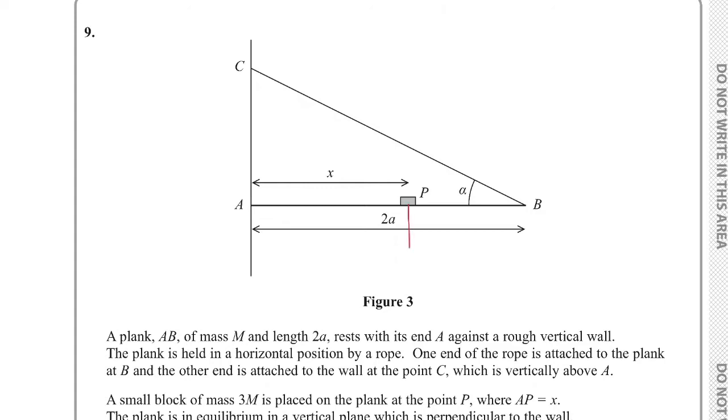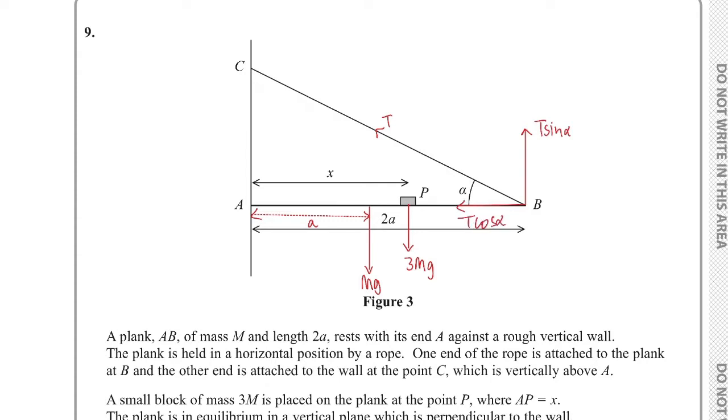We've got 3 mg for the particle P. We've got the mass of the plank itself, mg, at a distance of a from A, halfway through. We also have the tension in the rope, which we will resolve into T sine alpha and T cos alpha.